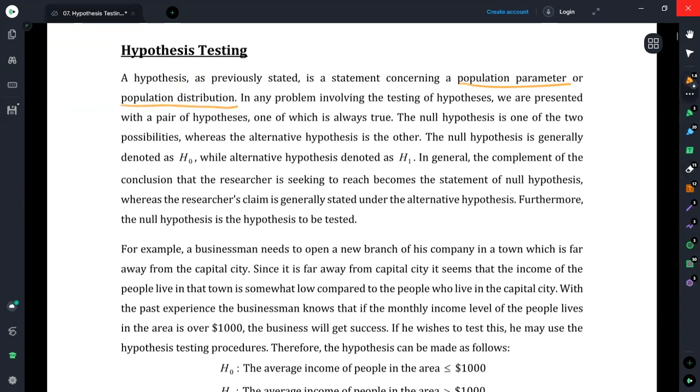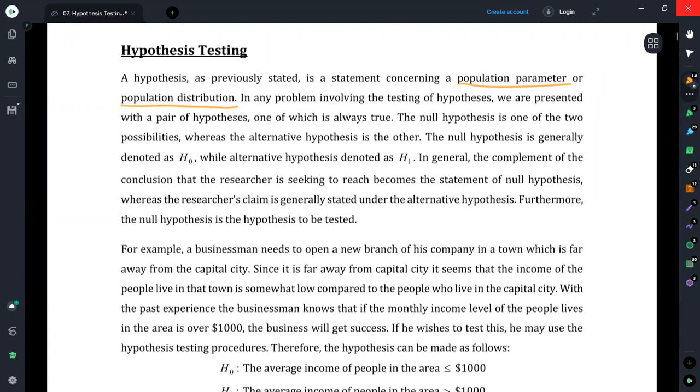But when we are considering the hypothesis, if we are saying it as a statement, it can be true or it can be a false statement. What we have to do is test whether the statement is true or false. Therefore, the testing procedure is meant to be the testing of hypothesis.